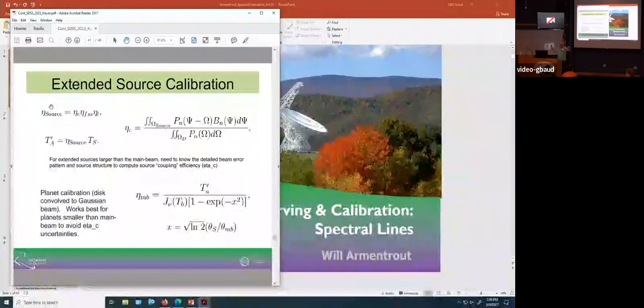Even though the levels are down really low in the side lobes, the area that the side lobes cover on the sky is really big. So you can still have a lot of power in these side lobes, even though they're at a low level. So that's a good question. You really have to worry about the coupling of the source with the beam pattern, the side lobes.